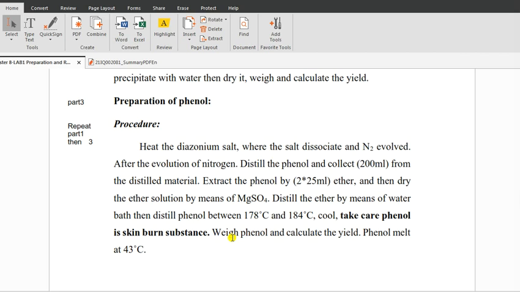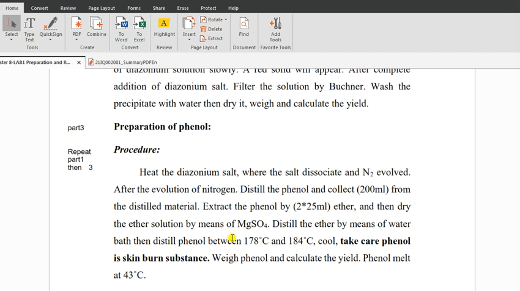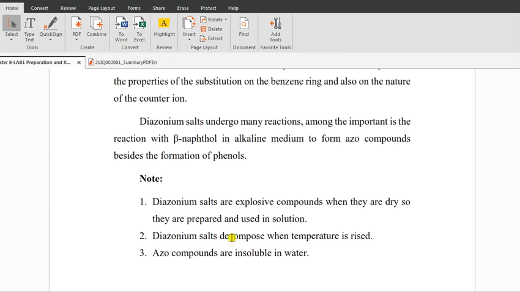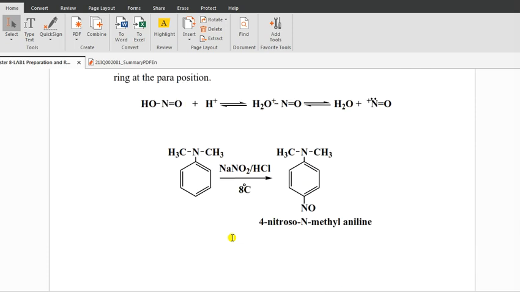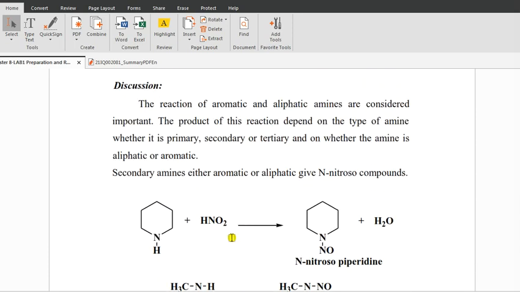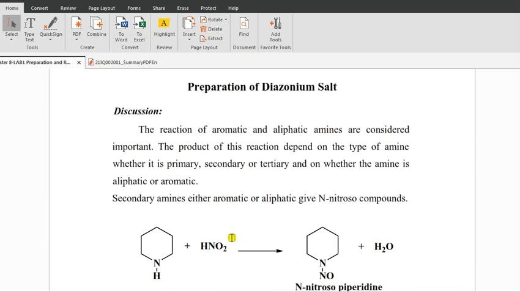I hope that's clear for you. This is a very important experiment. It will give you some deep information about the behaviors of amines, different types of amine, primary, secondary, tertiary, aliphatic or aromatic, and you will use it many times next year in the 4th stage, inshallah.